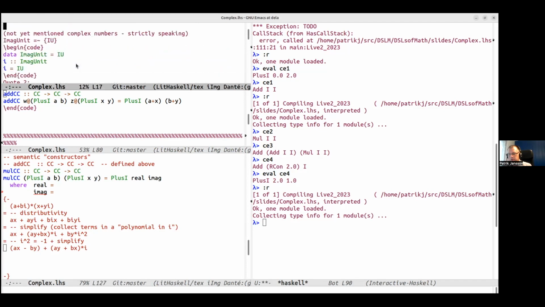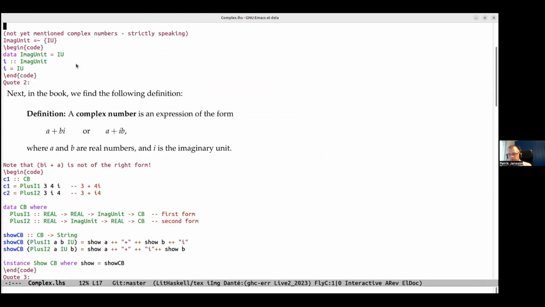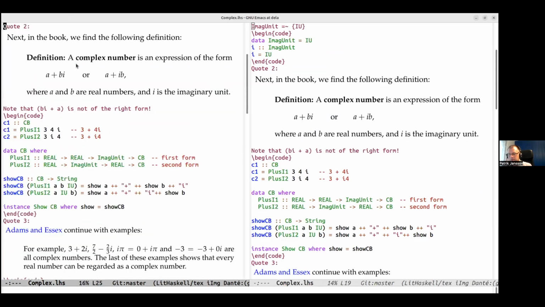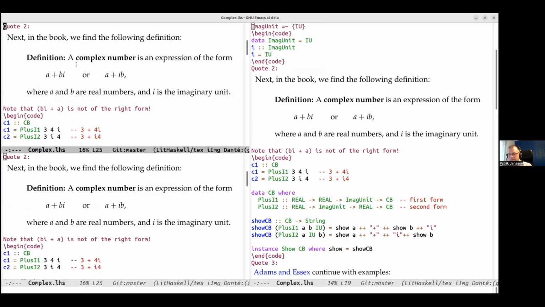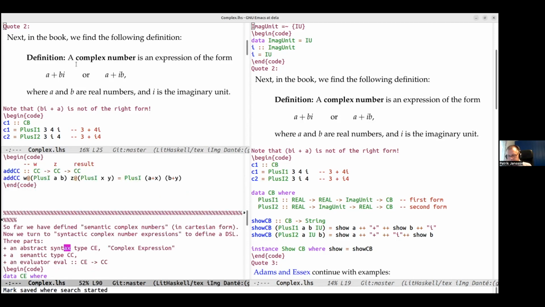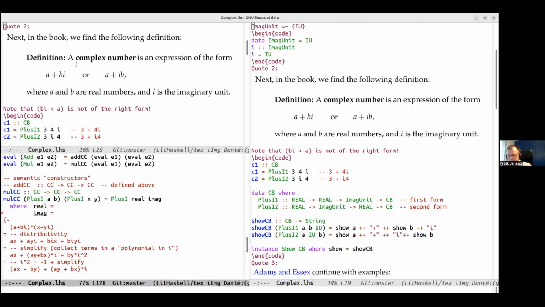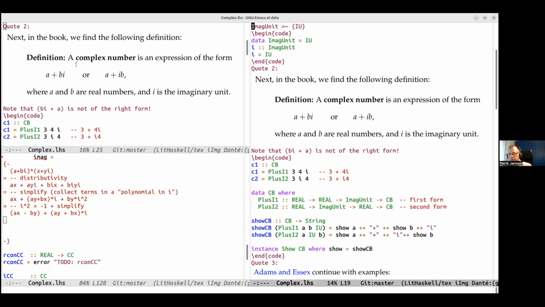Let's see if we can fit it in here. I shouldn't have split it so much. This is the ax. Okay, so now it's of the form some real number plus some real number times i.